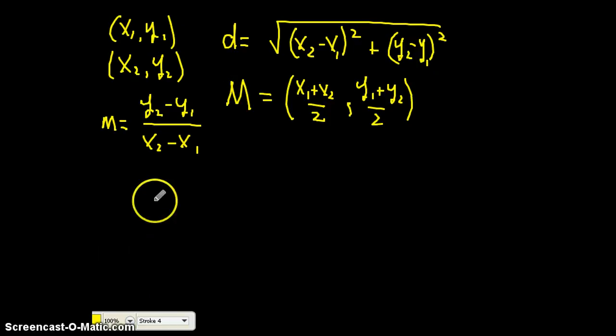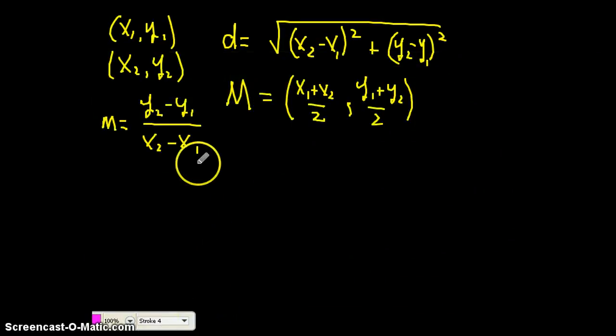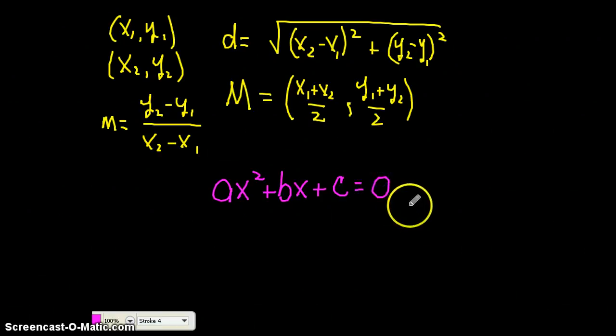Let's talk for a moment about the quadratic. Now remember, a quadratic equation has this general form to it. Your mission is to find the values of x, or to find the zeros.